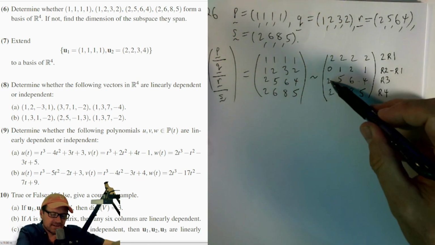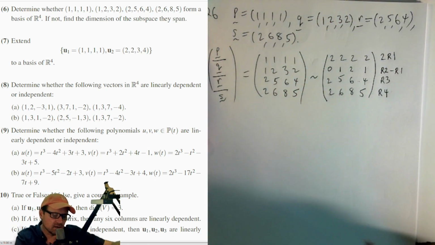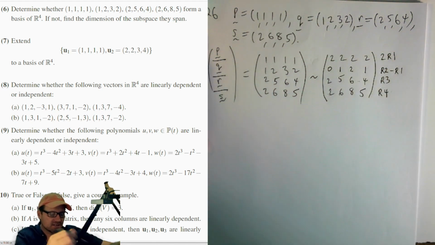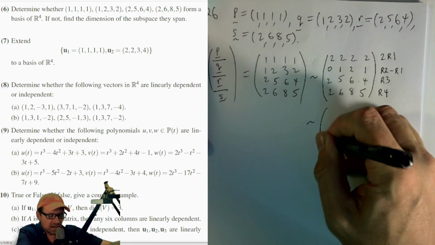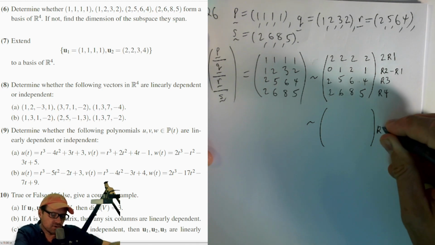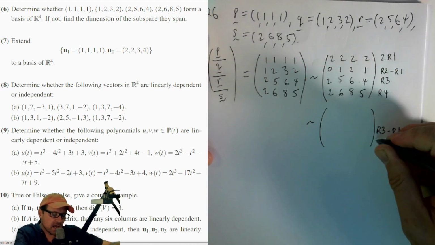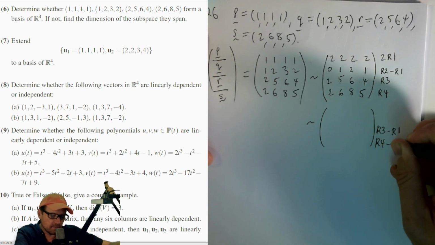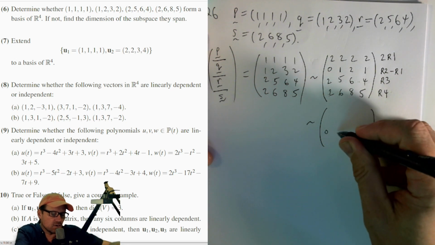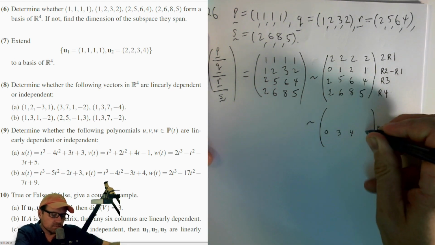Okay, next, we want zeros where these 2's are, and so we are going to use our pivot there in the top left entry to do that. So next, let's replace row 3 with row 3 minus row 1, and we'll replace row 4 with row 4 minus row 1. So row 3 minus row 1 gives 0, 3, 4, 2.